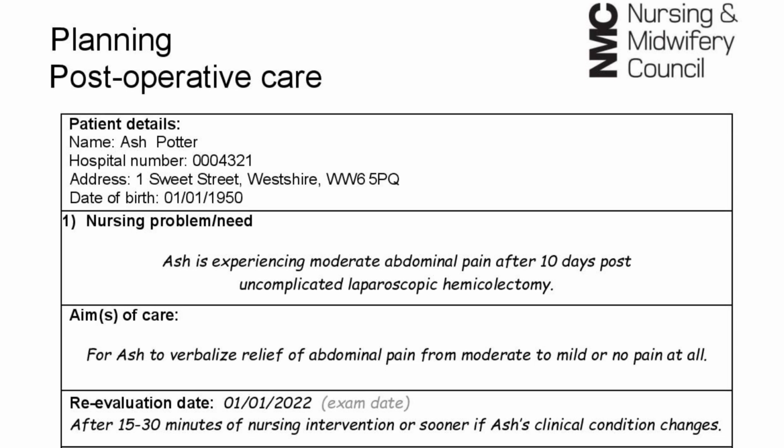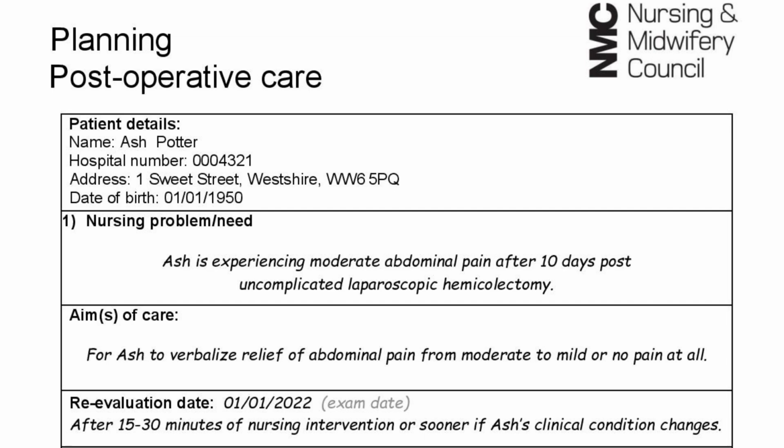After that, you're going to identify the aims of the care that you provided to Ash. My aim is for Ash to verbalize relief from abdominal pain, from mild to no pain at all. Your re-evaluation date will depend on the problem that you wrote on your planning.